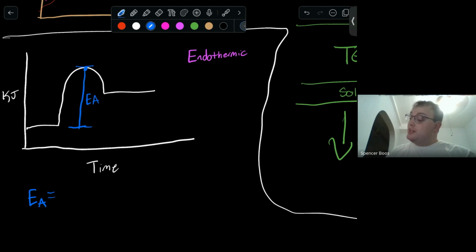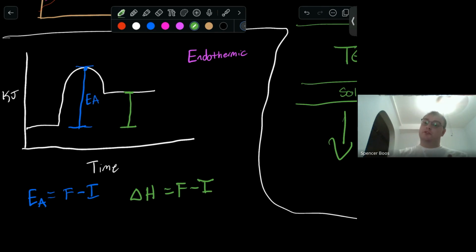Your change in enthalpy, on the other hand, or delta H, is your difference between here and here. Again, all of these is final minus initial. You always go from final minus initial for any of these.